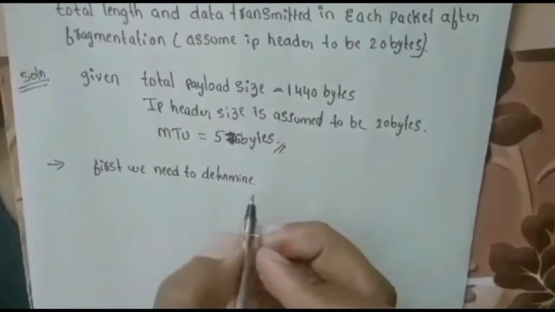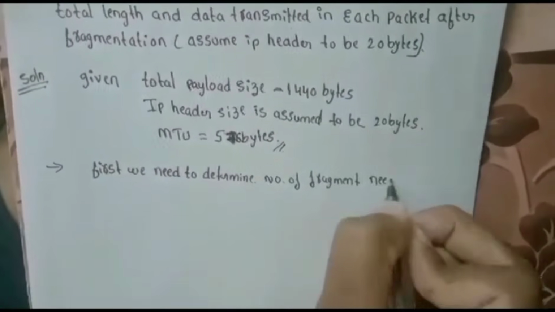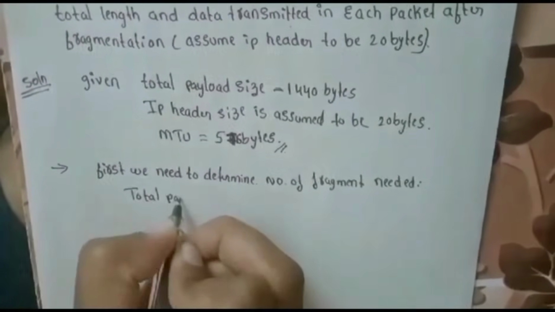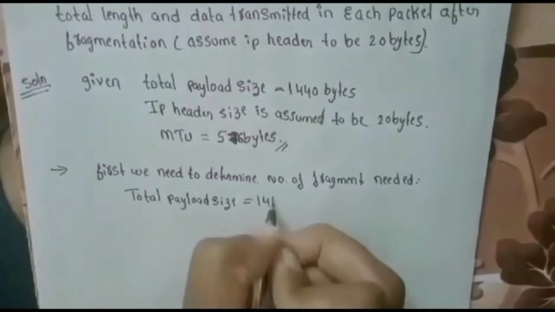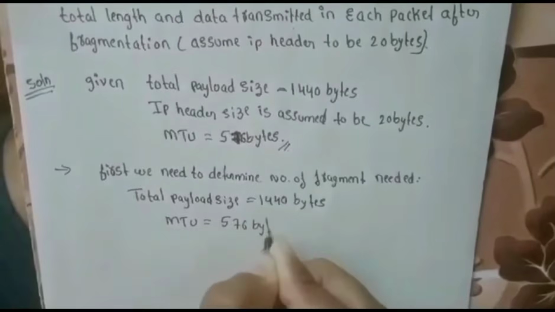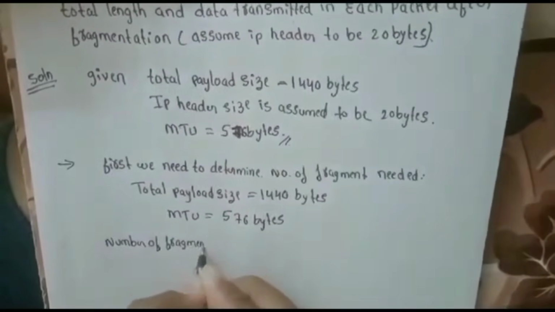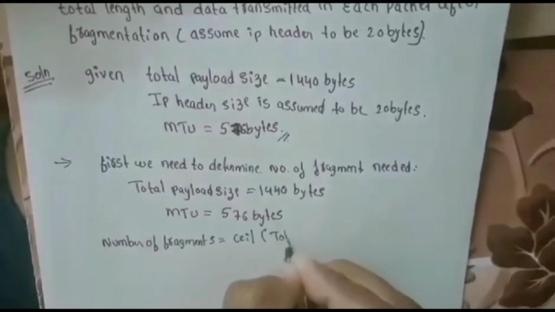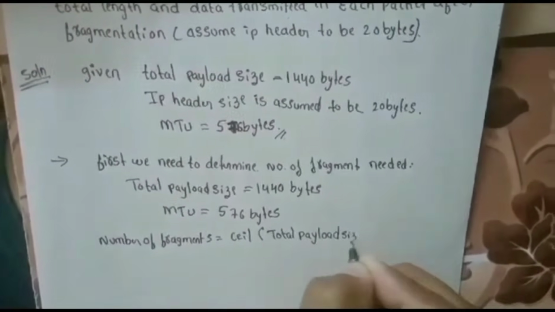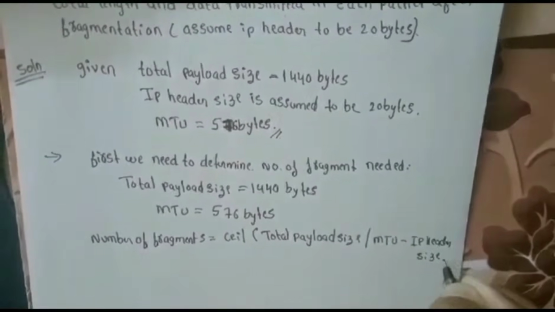First, we need to determine the number of fragments needed. Total payload size is 1440 bytes. MTU is equal to 576 bytes. The formula: number of fragments is equal to the ceiling of total payload size divided by MTU minus IP header size.